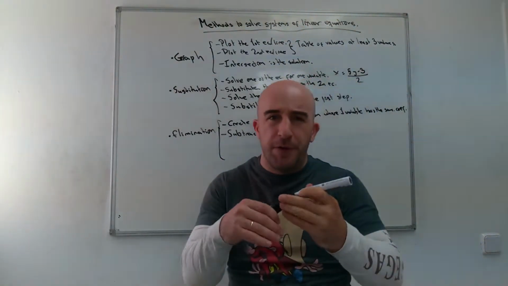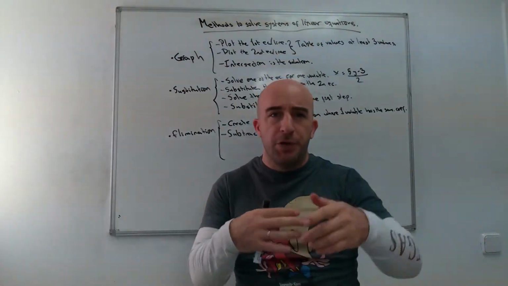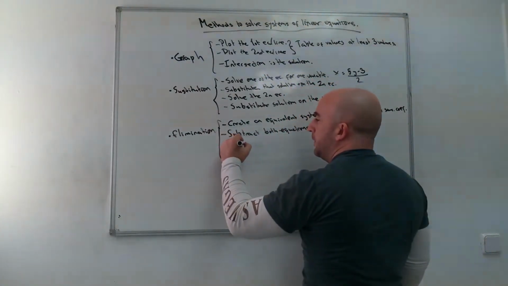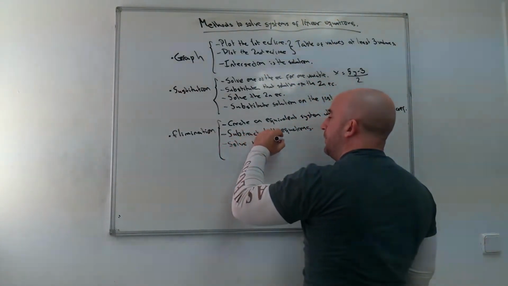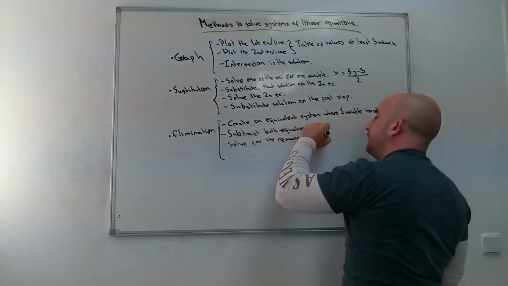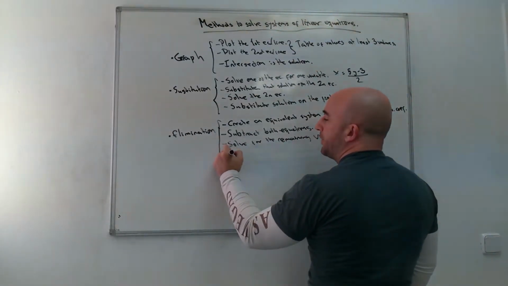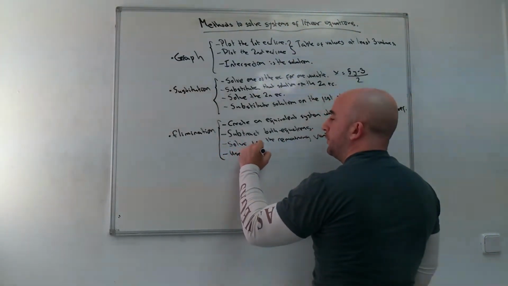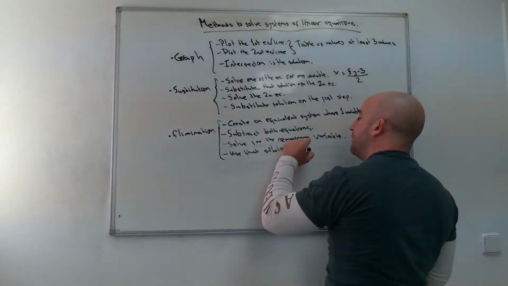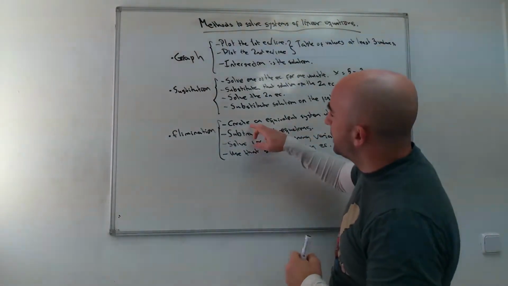As you have the same coefficient in both equations, when you subtract both equations, one of the variables will disappear. So you solve for the remaining variable. And then you use that solution on any of the equations.